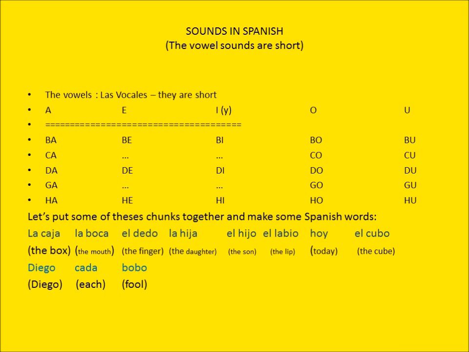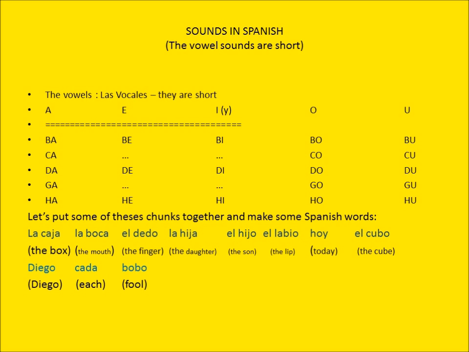The reason why I left those spaces empty is because if we look at the ka, ko, ku family, those are hard sounds. If I put the C and the E, that would give me a soft sound. The C and the I would give me a soft sound, so it doesn't belong in there.